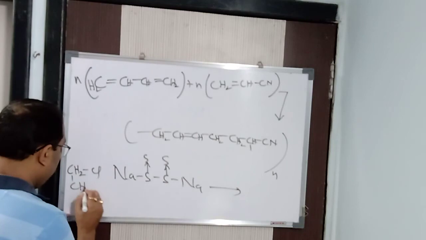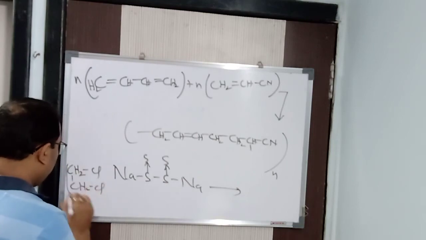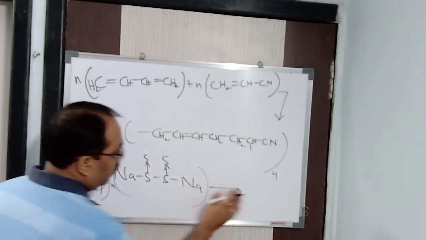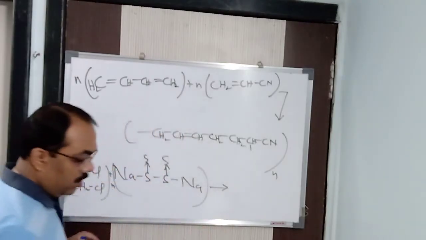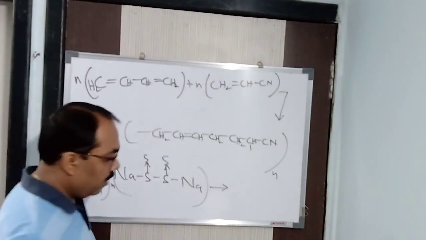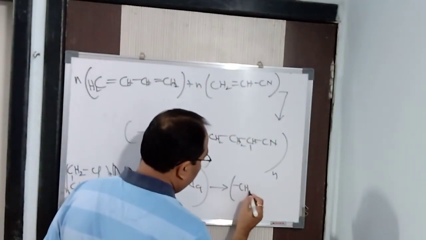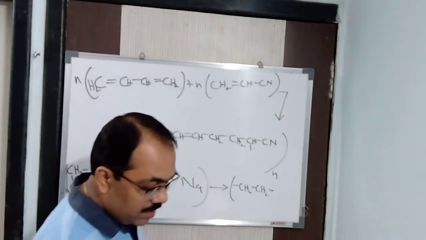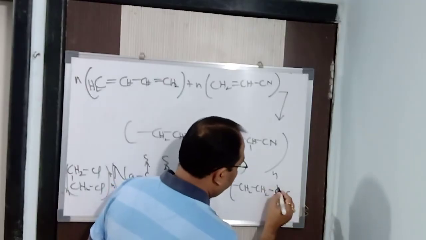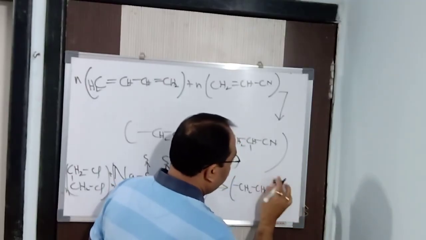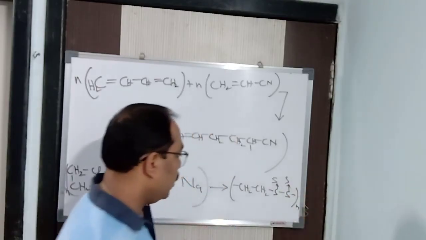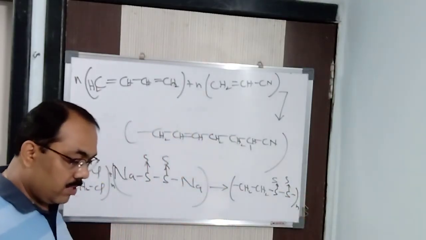CH2Cl-CH2Cl. Got it? Same thing, N molecules of this plus N molecules of sodium polysulfide will give you, I don't have the space here, thiocol, that is CH2, then you will be getting your S-S, whole N. So that is known as thiocol.